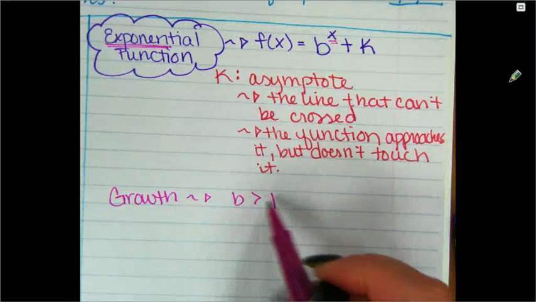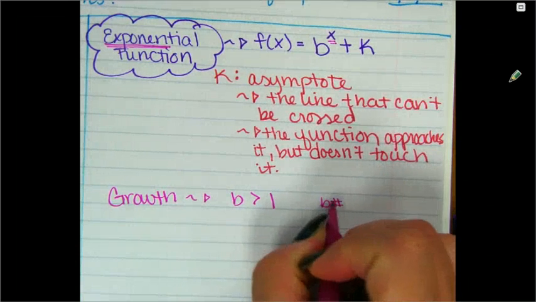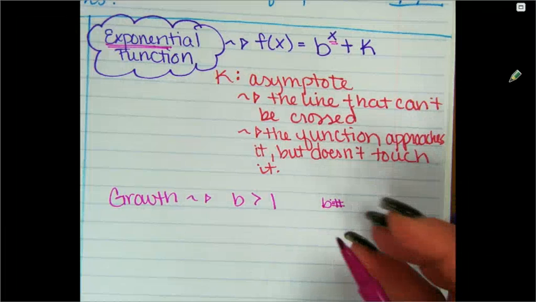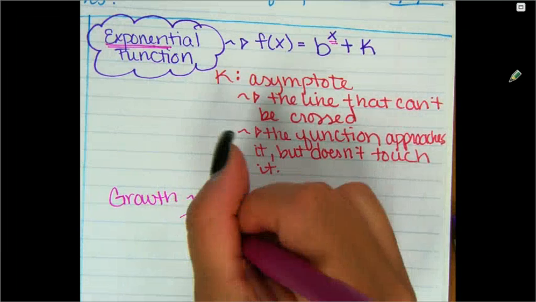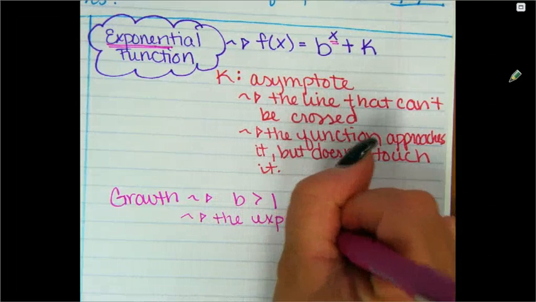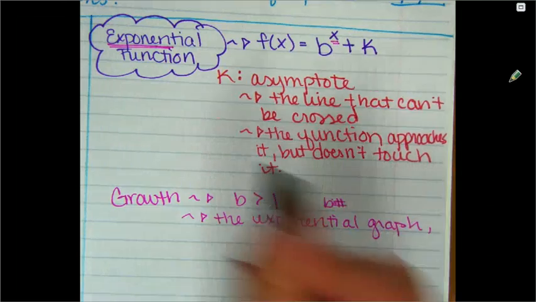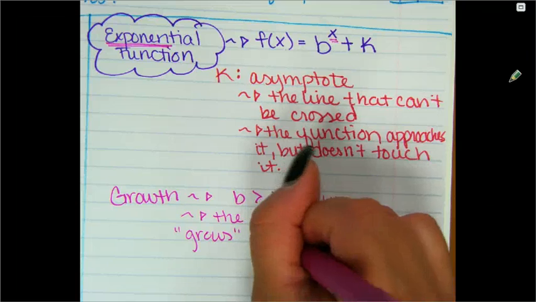So growth means b is greater than 1. B is a number, okay? If b is greater than 1, you have growth. The reason why it's growth is the exponential graph grows really fast.